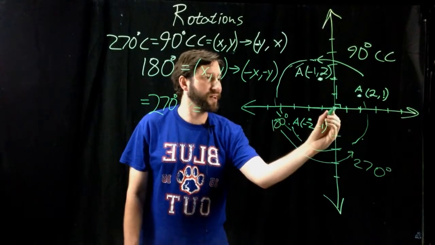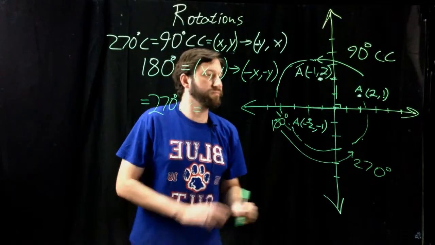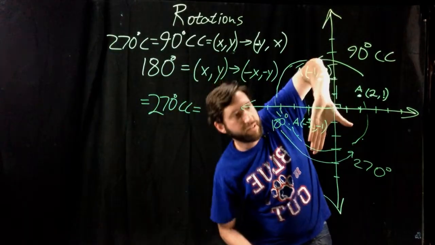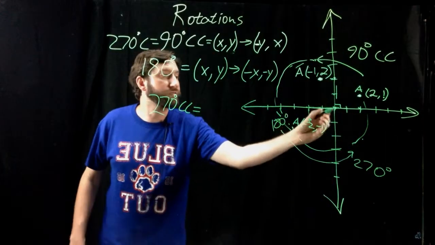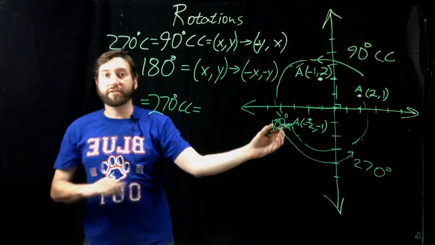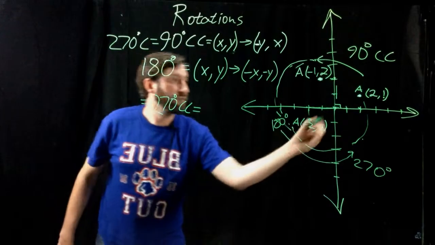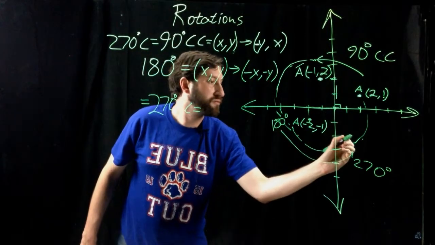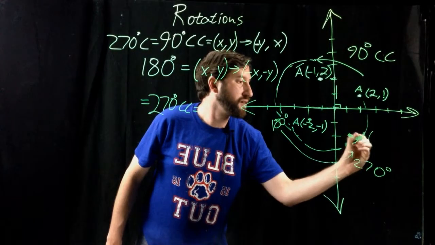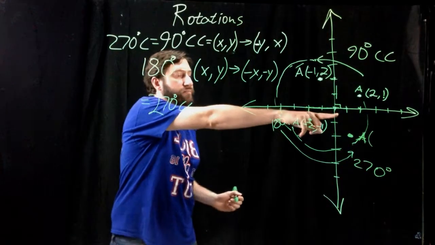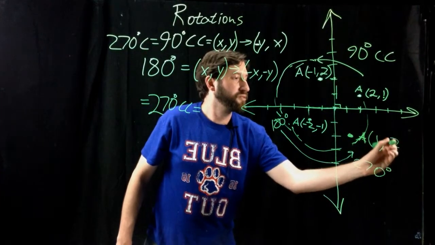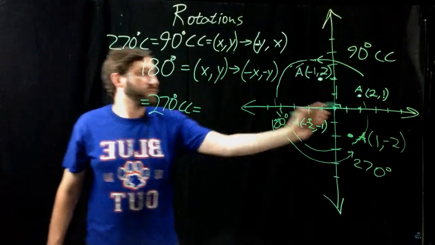Instead of going over 2, I'm going to go down 2. Instead of going down 1, I'm going to go over 1. So that's down 2, over 1. My new point A is at (1, -2).